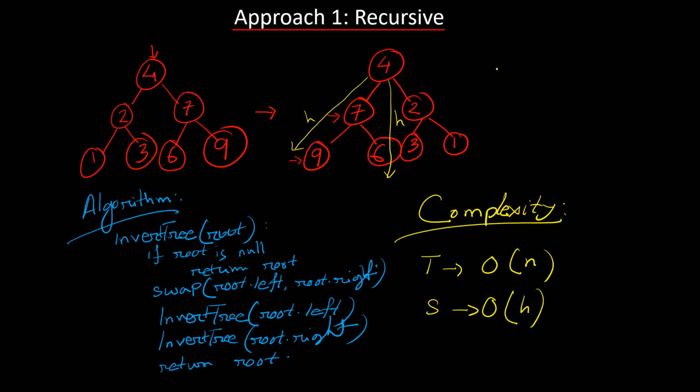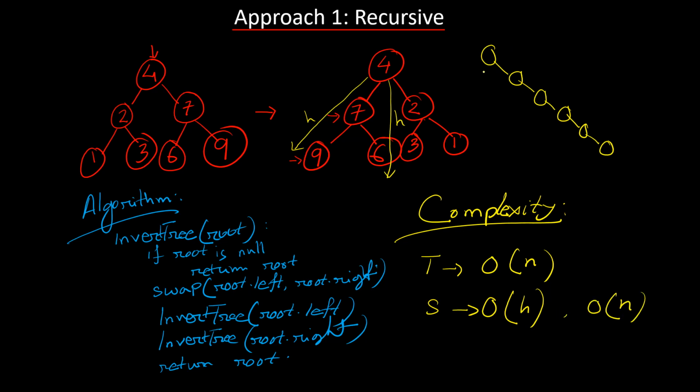But if the tree is something like a linked list, right, there is no left, all the tree nodes have a right child, that becomes a linked list, right? In that case, the stack frames would be like big O n.